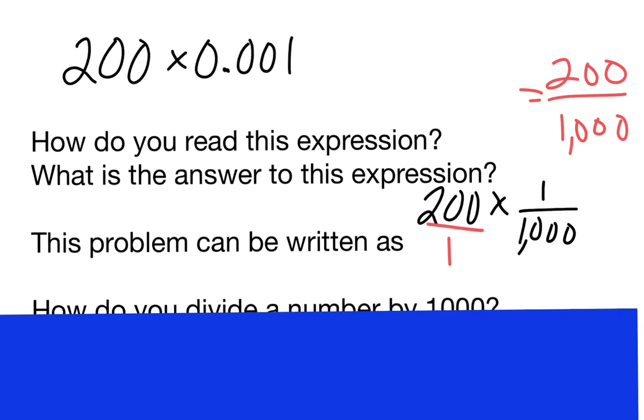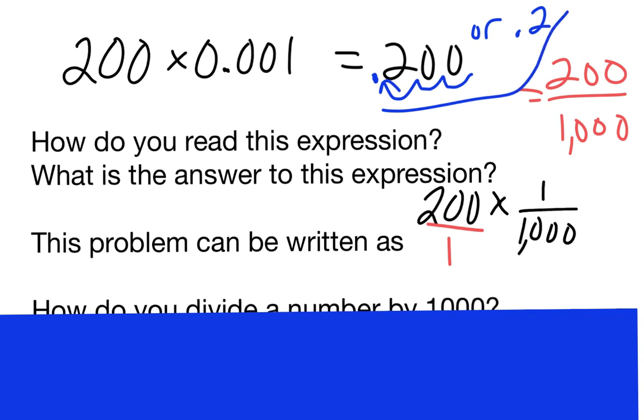So the decimal starts after the 0 and we move 1, 2, 3 places to the left, that would give us 200 thousandths, or we don't really need the zeros after the decimal point. That's the same as 2/10.